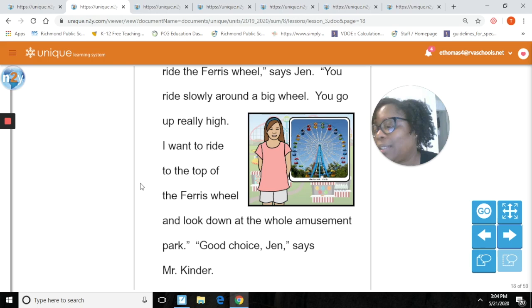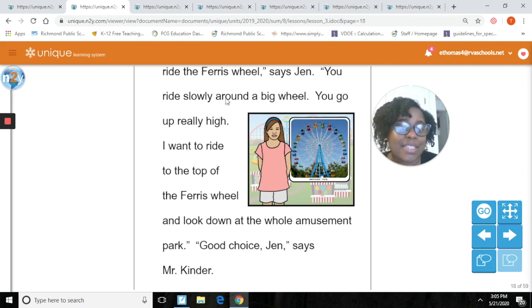Okay, so I'm going to give you a thought. Jen probably enjoys rides that go high in the air because she says she wants to look down from the top of the Ferris wheel. If she didn't like rides that go high up in the air, then she wouldn't want to look down from the top of the Ferris wheel.